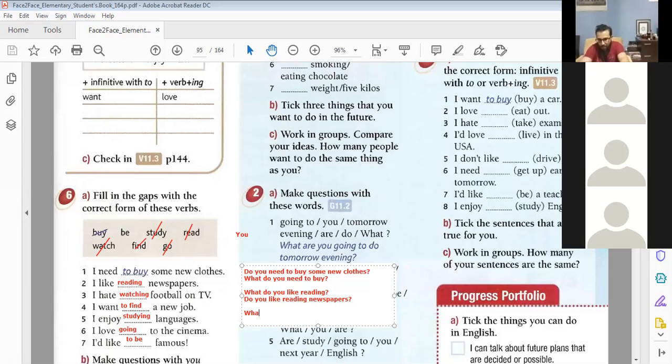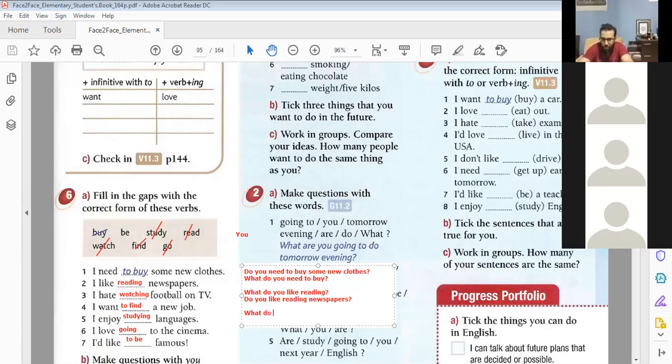What do you like watching? What do you like reading? What do you like to read? Do you like reading newspapers? I like watching. What do you like to watch? Do you like watching? Maybe two of them are possible. I'm not sure. Okay, I'll check this.